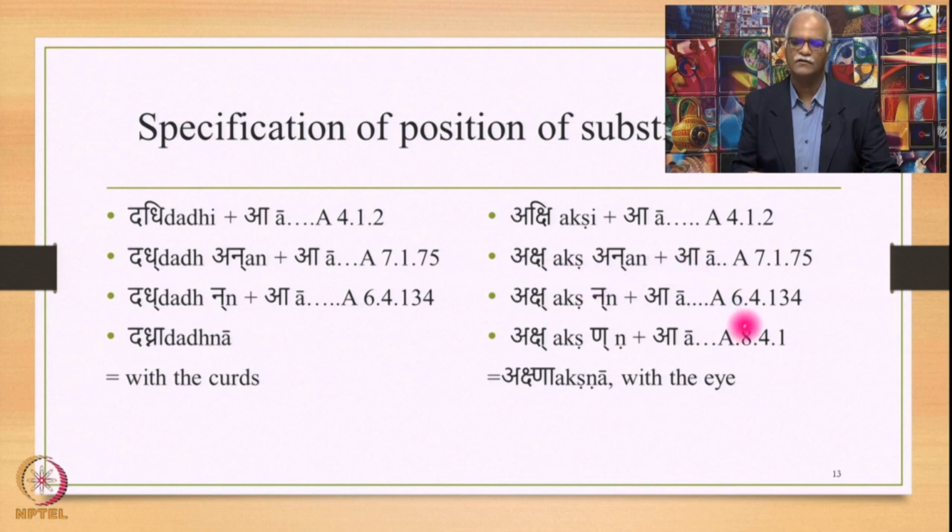Then following 6.4.134, this a gets deleted and you have aksh, n, a. Then following 8.4.1, this n becomes ṇ, and so you get the form akshṇa. This is how markers sh and ng specify the position of the substitute in the Pāṇinian grammar.